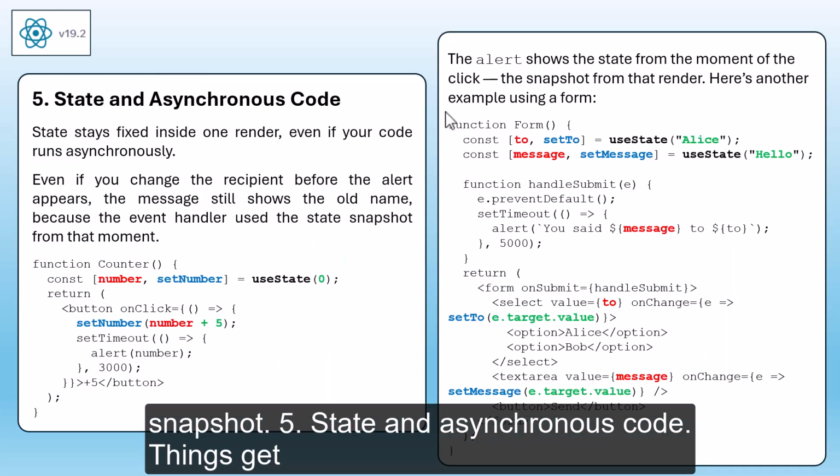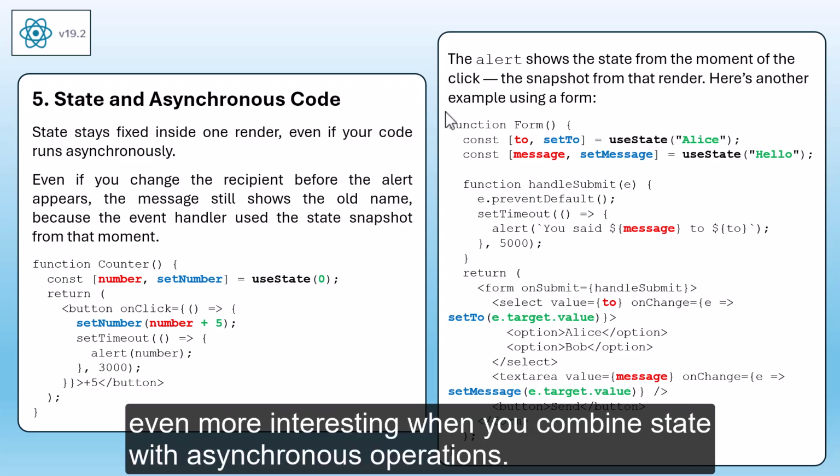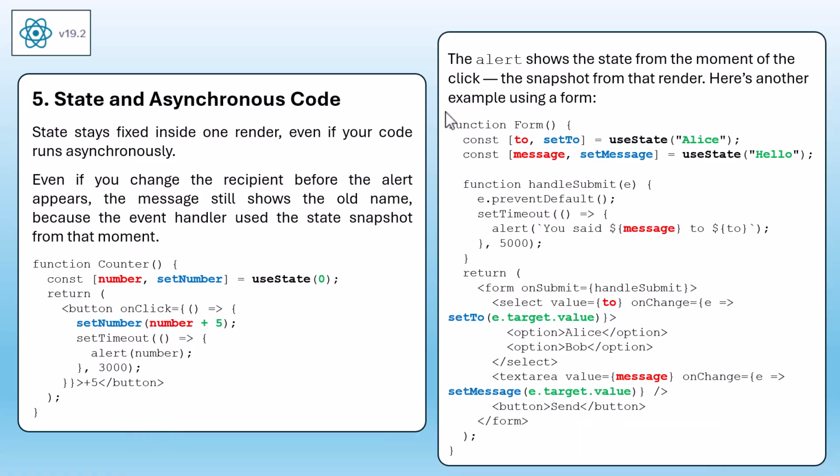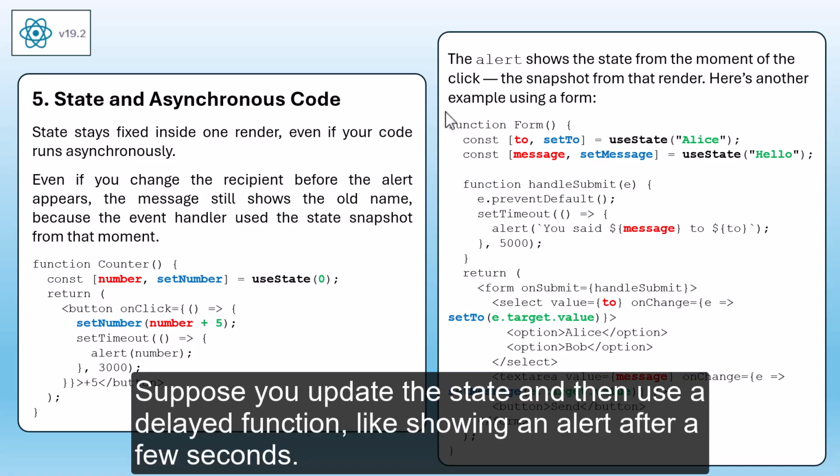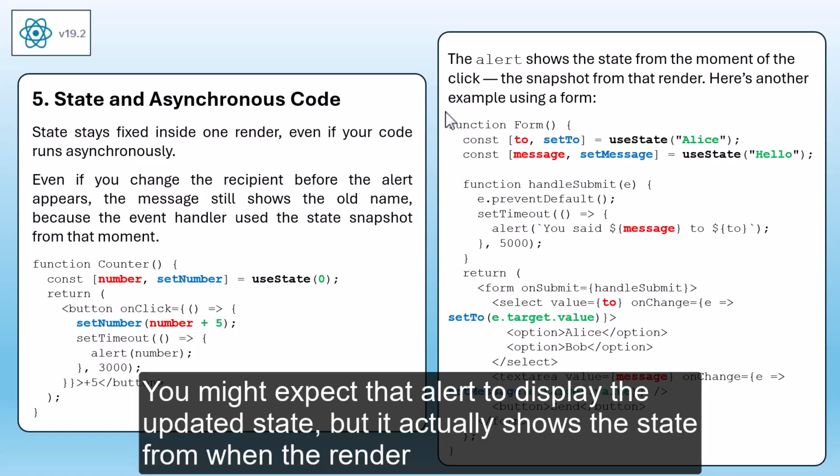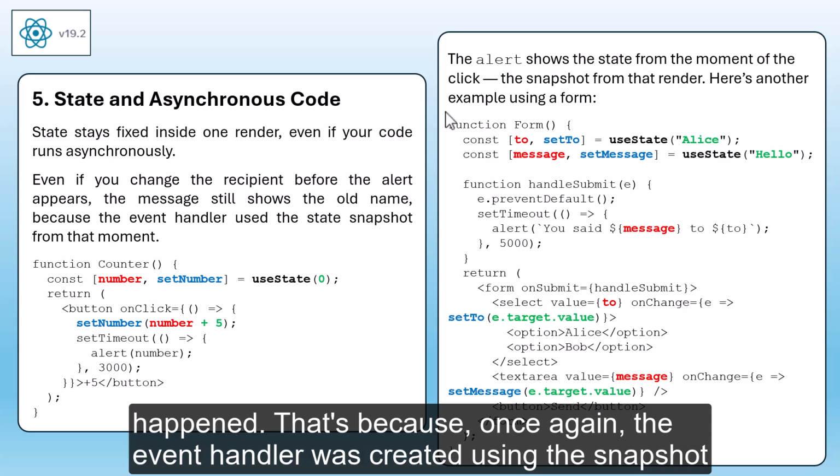5. State and asynchronous code. Things get even more interesting when you combine state with asynchronous operations. Suppose you update the state and then use a delayed function, like showing an alert after a few seconds. You might expect that alert to display the updated state, but it actually shows the state from when the render happened.